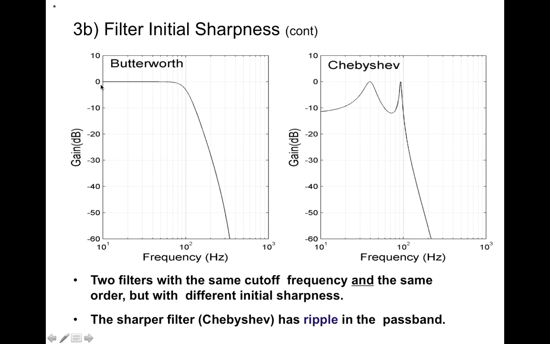This is a Butterworth filter, and you'll notice it has a fairly rounded initial sharpness. This is a Chebyshev filter, and notice right here at cutoff how sharp that cutoff is. But the trade-off is that whereas the Butterworth is fairly flat at 0 dB until you get near the cutoff, the Chebyshev has this ripple or oscillating effect that you see prior to cutoff.